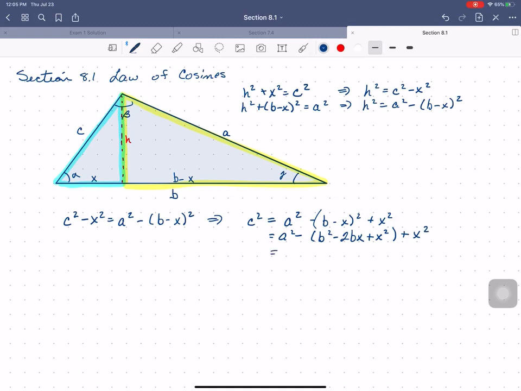Distribute that negative sign through. Got a squared minus b squared plus 2bx minus x squared plus x squared, so those cancel. So I've got c squared equals a squared minus b squared plus 2bx.